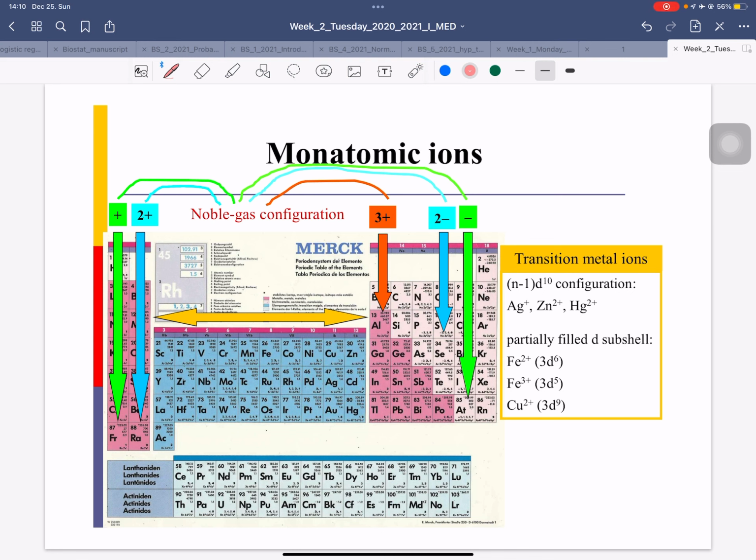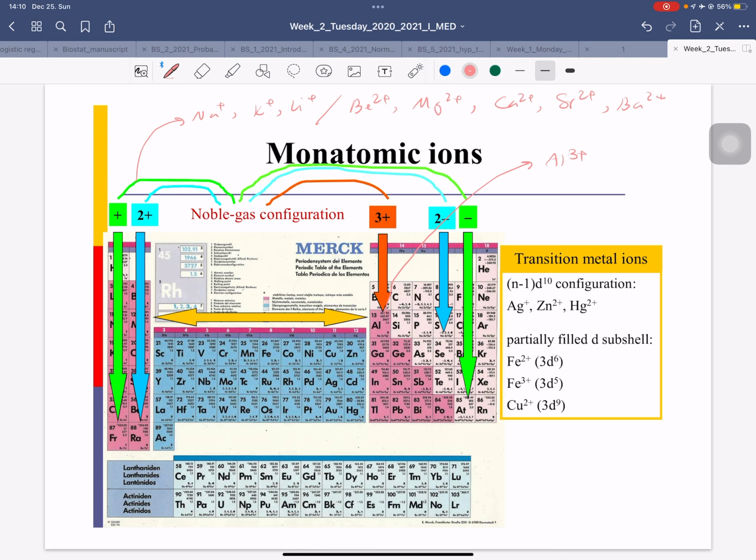From the first group, I can write Na plus sodium ion, potassium ion, lithium ion, and from group 2, beryllium, magnesium 2+ ion, calcium, and strontium and barium also. From group 3, aluminum can also be Al3+.